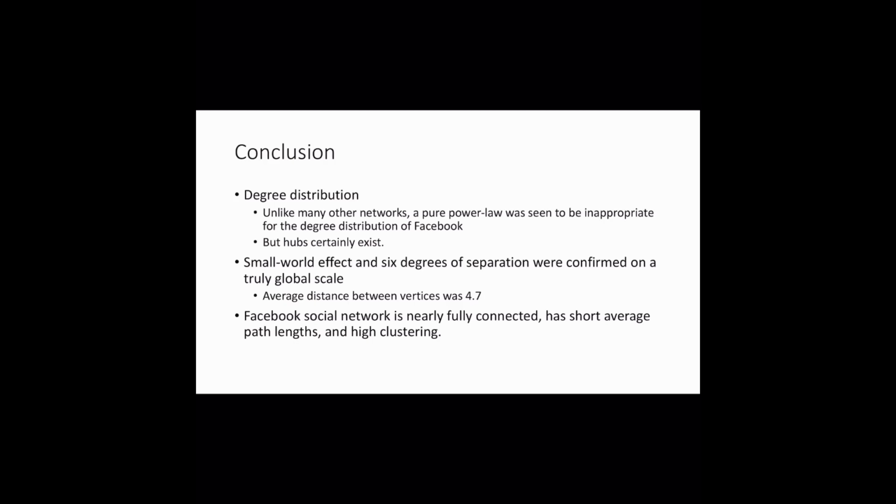And through analyzing the paths of the graph, we also confirmed the small world effect and the 6 degrees of separation phenomenon on a global scale, with the average distance between vertices being 4.7 hops. And finally, through analyzing the clustering and degeneracy values, we found that the Facebook social network is nearly fully connected, has short average path lengths, and high clustering.